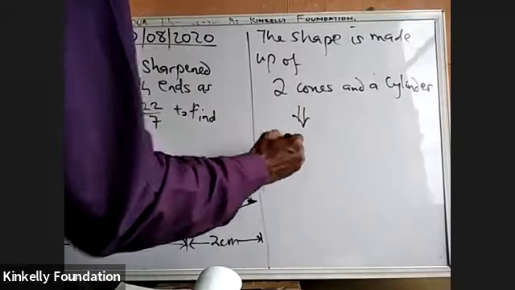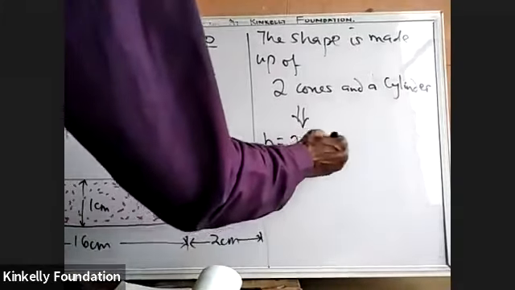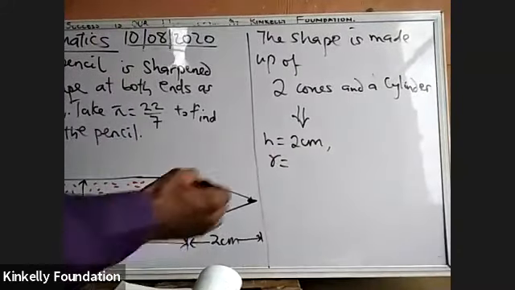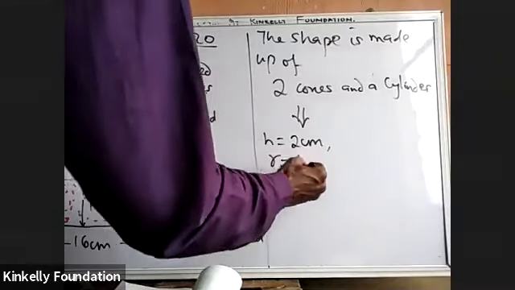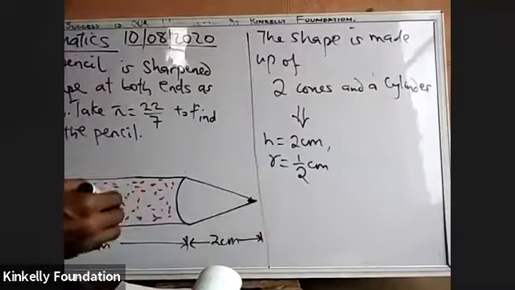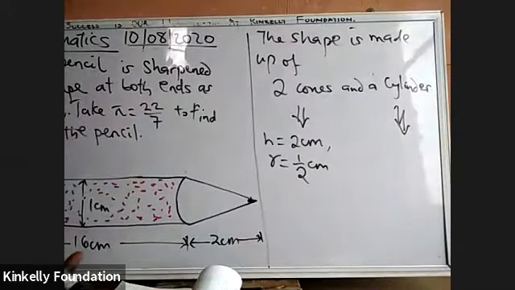The heights of the cones are the same, and we have the height of the cone to be 2 cm. And the radius is half, because the diameter is 1 cm.